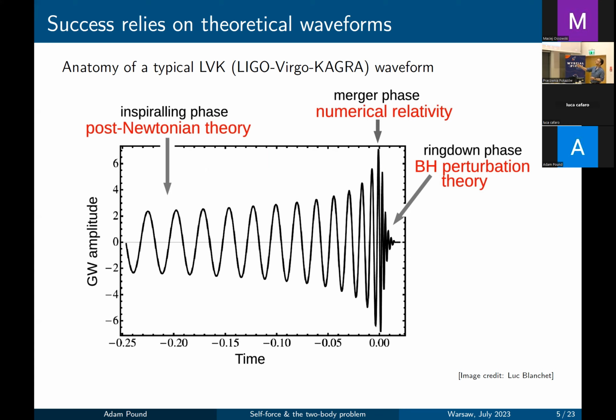Then, as they get closer and closer and eventually merge, really the only very accurate first principles model is numerical relativity, where you're solving the fully nonlinear Einstein equations on supercomputers. Then the very last stage, where you just have a single object that's ringing down to a stationary state, that's well described. If it's a black hole, it's well described by black hole perturbation theory. We have a Kerr metric plus little perturbations that dissipate away with time.